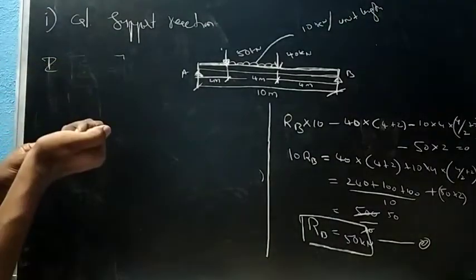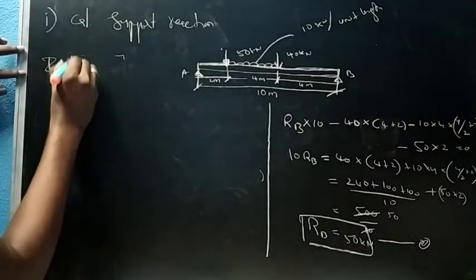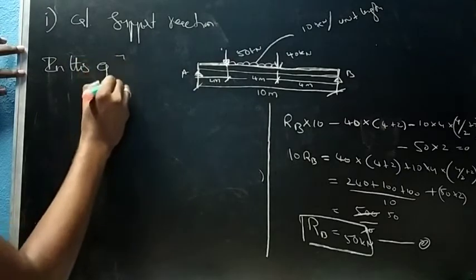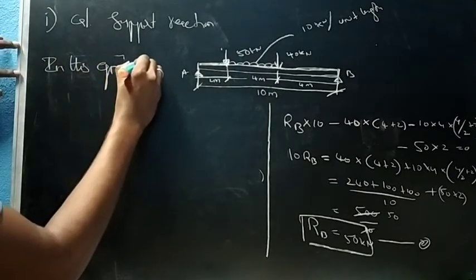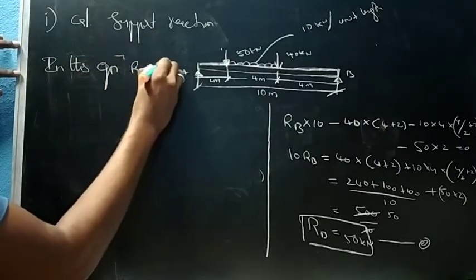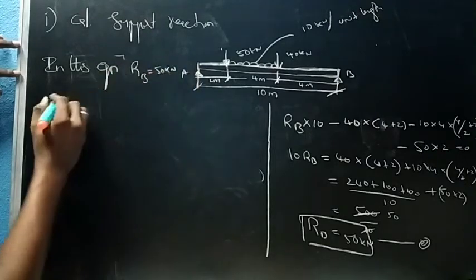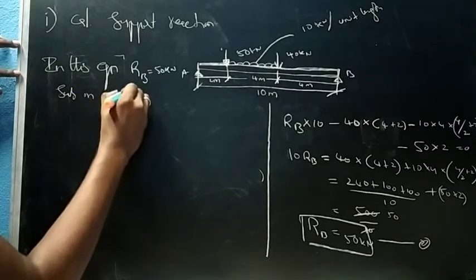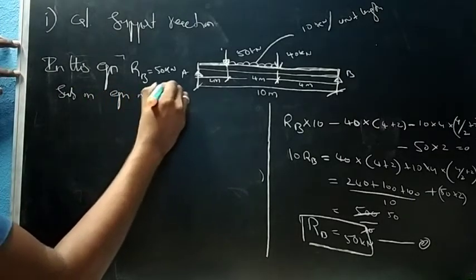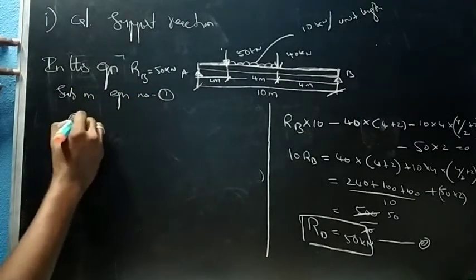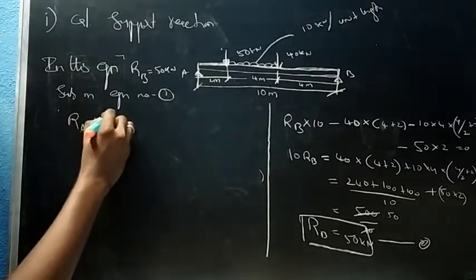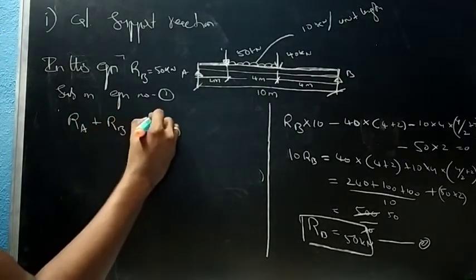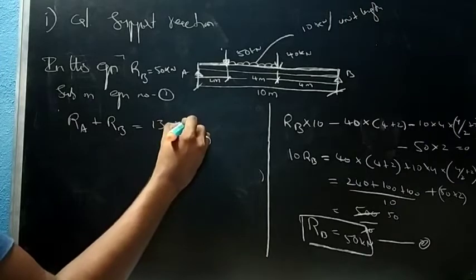So in this equation, RB, what is RB now? 50 kilonewton, right? 50 kilonewton. So substitute in equation number 1. So RA plus RB, we got 130 kilonewton.